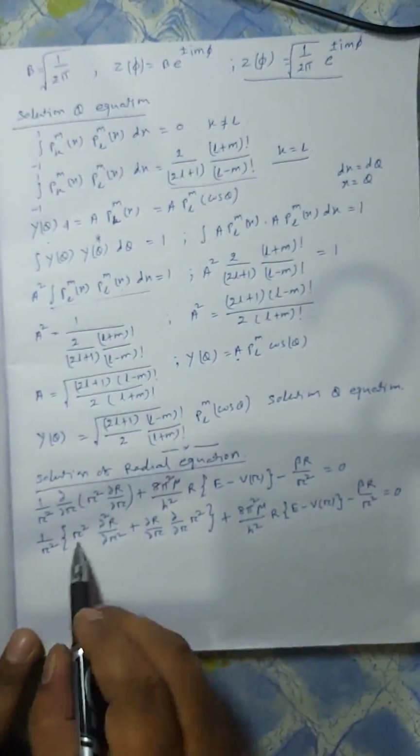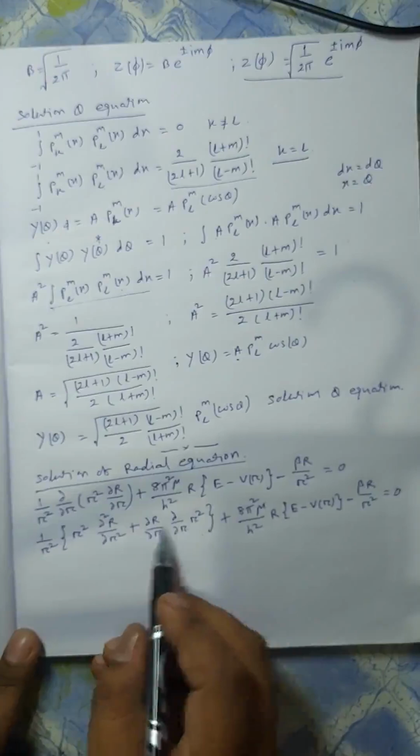Then we multiply this 1 by r square with the equation.